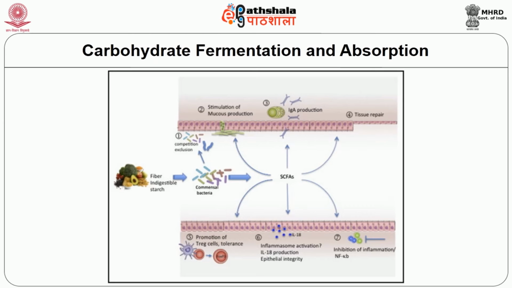You will also see inflammasome activation, that is IL-18 production, and they also inhibit inflammatory substances. So you will see that it is all interlinked. The prebiotics, which are non-digestible, will result in the production of bacteria. The bacteria produce short-chain fatty acids, and that in turn has a number of beneficial effects.